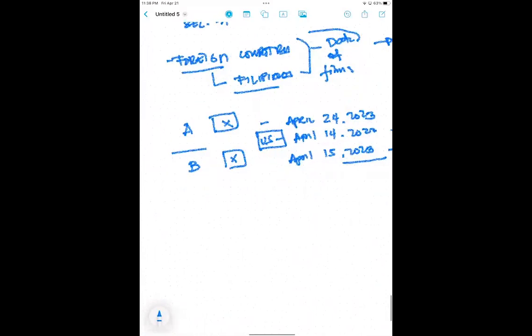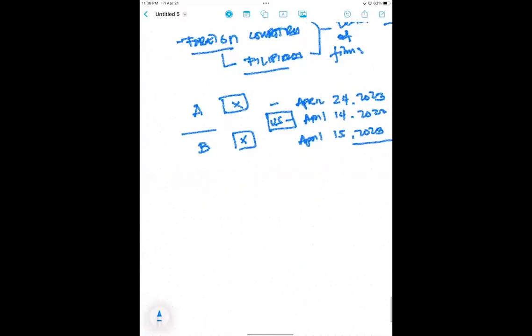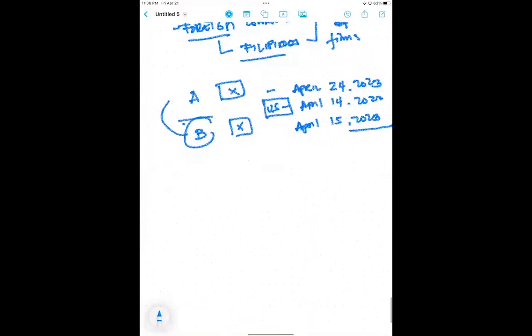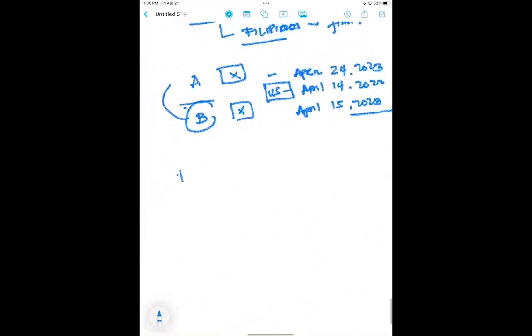Now, we mentioned earlier the relationship of A and B. Now, supposing B was an employee of A, or A commissioned B. So, two things can happen, right?